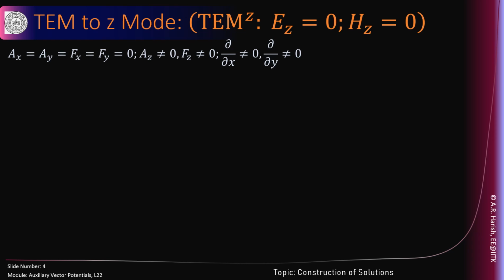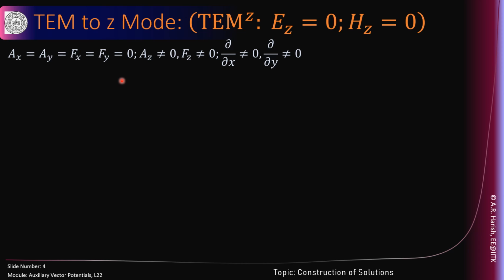One of the ways to achieve this is if we choose Ax equal to Ay equal to Fx equal to Fy equal to 0, Az is not 0, Fz is not 0, and the partial derivatives of Az, Fz with respect to x and y are also not 0. If we make this particular choice, trust me, we get the TEM to Z mode.